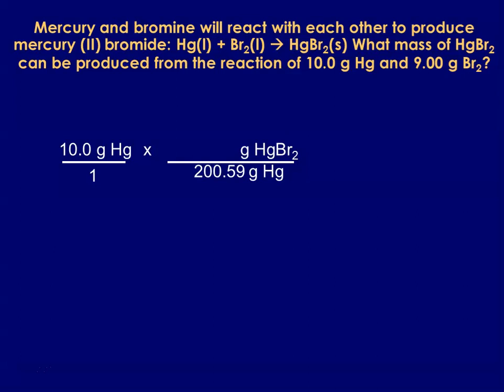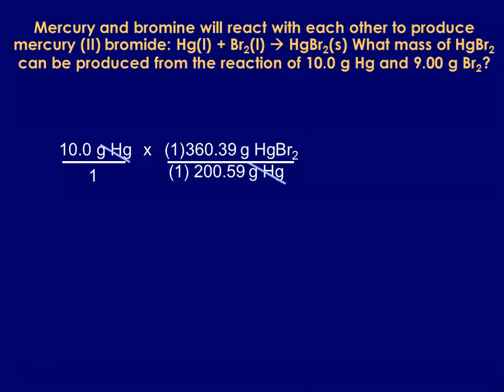Grams gets molar mass, so that's where that 200.59 came from, Hg's molar mass on the periodic table. And then HgBr2 would be the 200.59 plus 2 times 79.9 for the two Brs. And that gave me a mass of 360.39. I need to look at my balanced equation to see what the stoichiometric ratio is between Hg and HgBr2. And I see that those are in a 1-to-1 ratio.